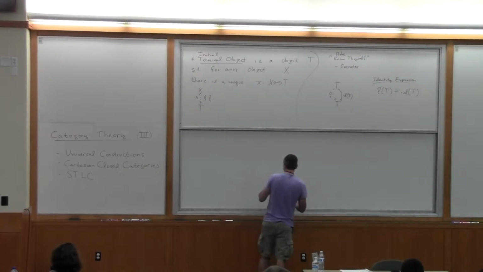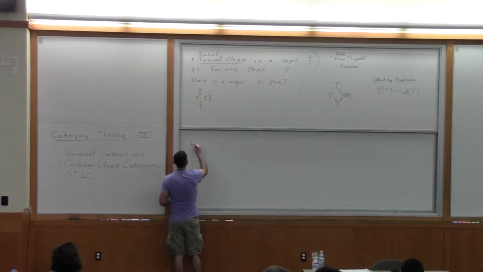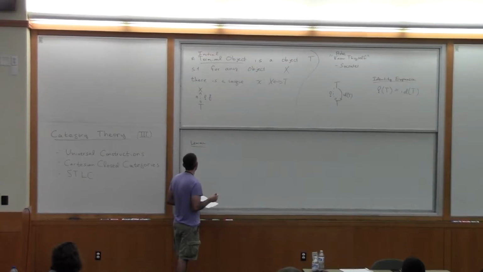The next thing I want to tell you has to do with this uniqueness thing, right? So another lemma. I guess I should have labeled that one a lemma, sorry.